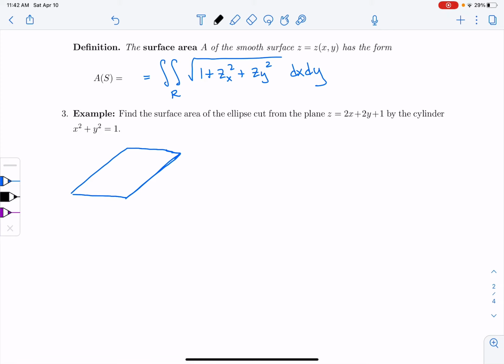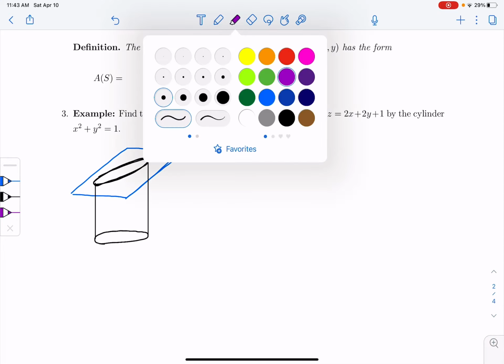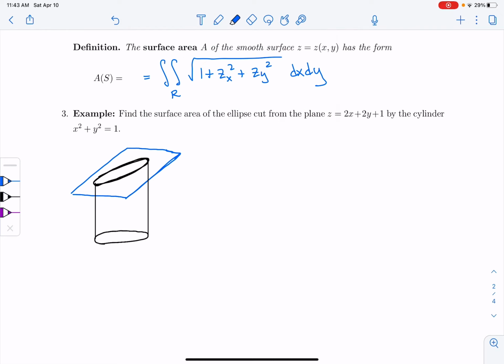I'm going to draw a cylinder below, and we use that cylinder to cut the plane. That gives us an elliptical region, and we want to find the area of that elliptical region.